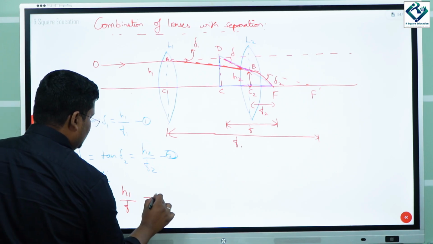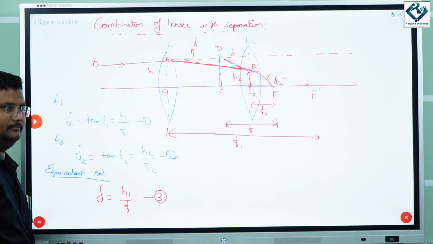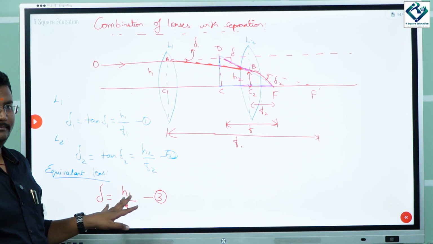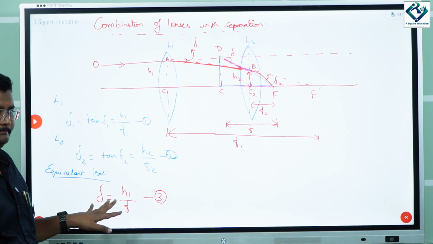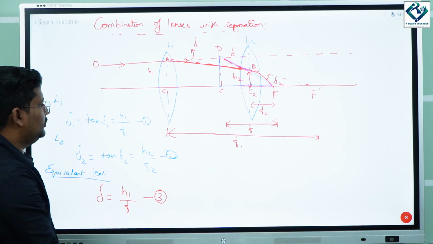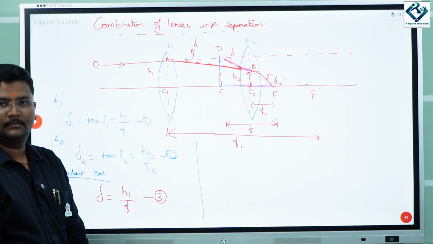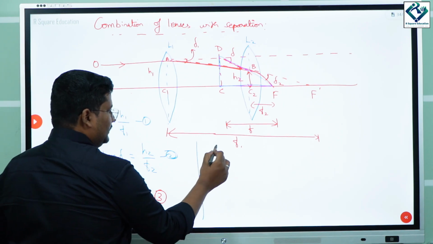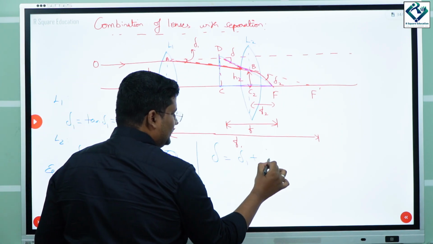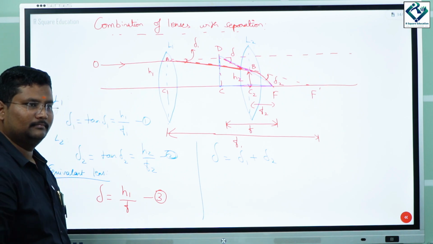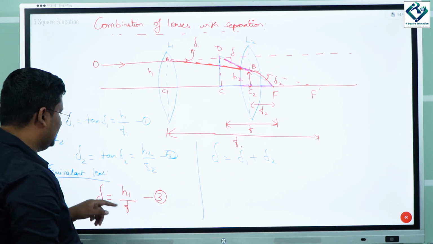So let this be the third equation. Are you clear with this? Any doubts so far? Right. So we now know pretty well that the final deviation is going to be nothing but delta equal to delta 1 plus delta 2. Right? Delta 1, delta who?